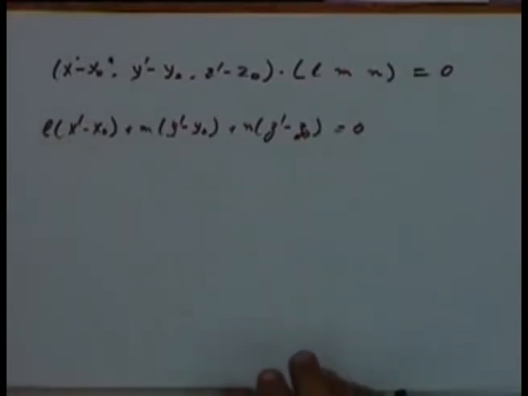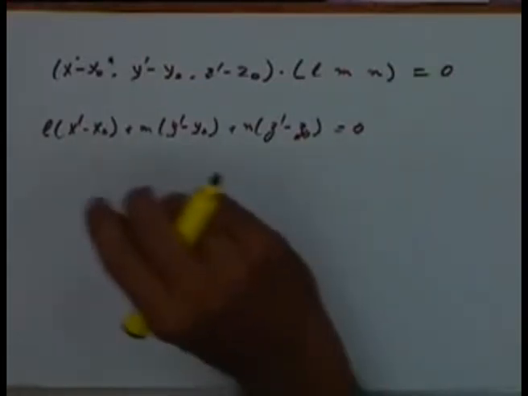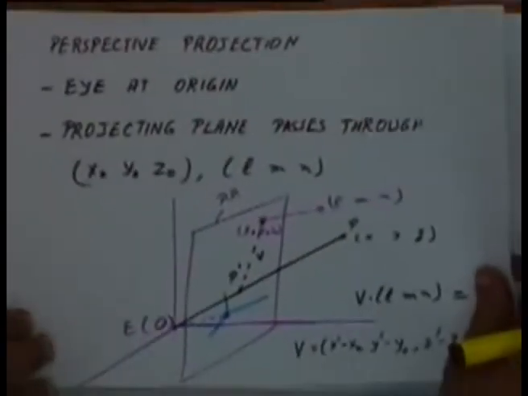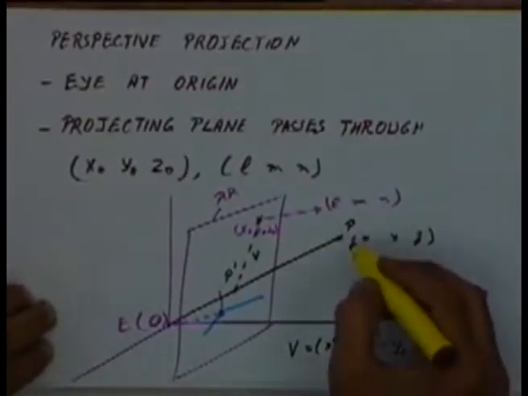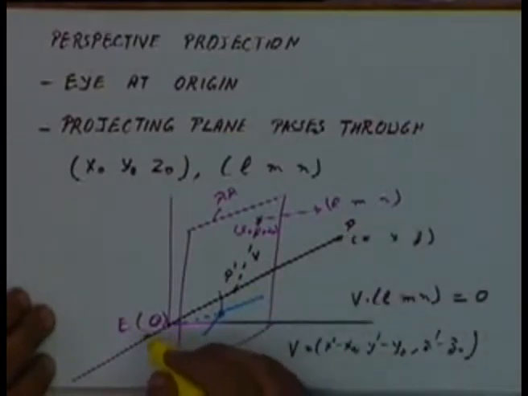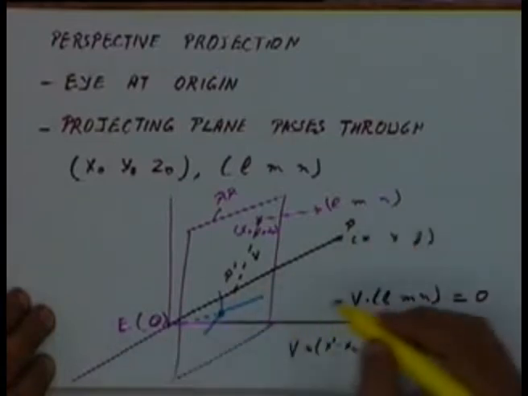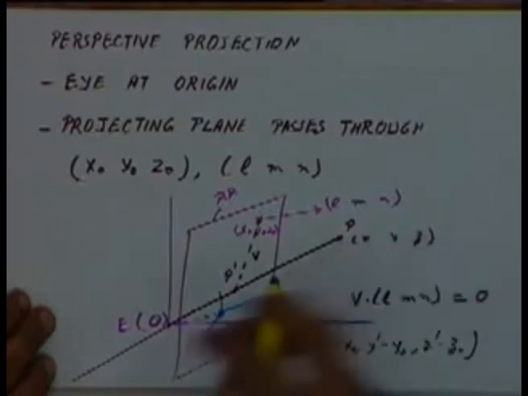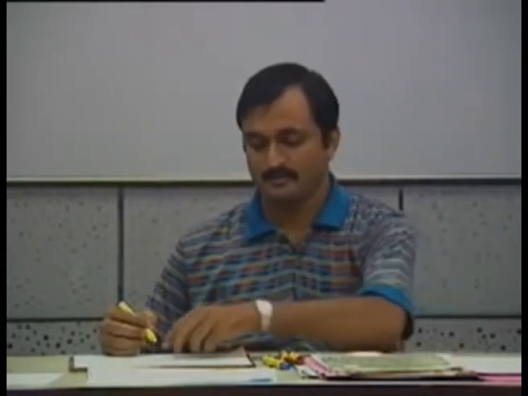The other thing that we have to notice is that if we have this point P and we are joining it to the origin, what is the equation of this straight line? X prime divided by x equal to y prime divided by y equal to z prime divided by z.